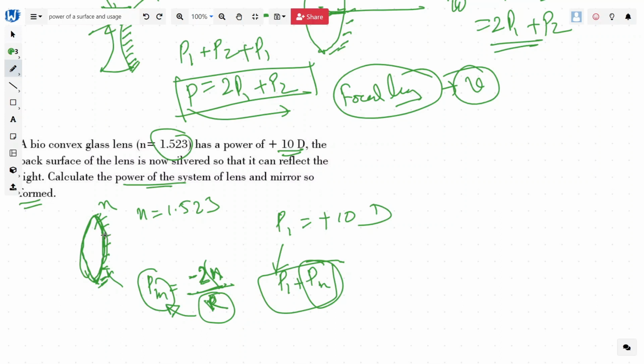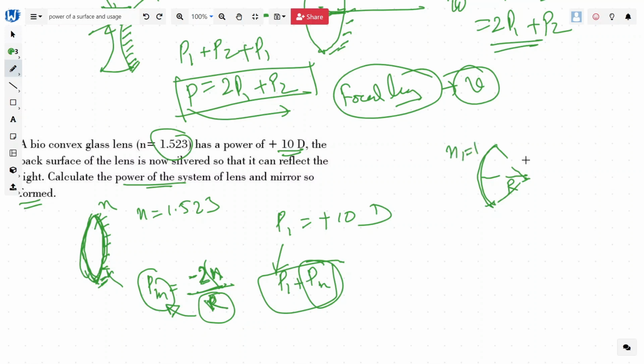So for the lens, for the surface number 1, we can write simply for the surface number 1 and that will do. This is our surface number 1. It has a radius r. The second is also biconvex, so we just need to find that r, very easy.